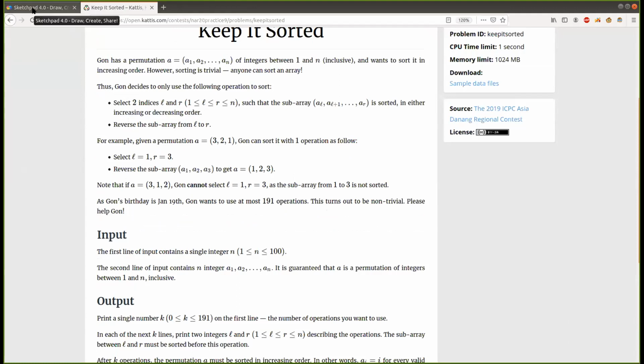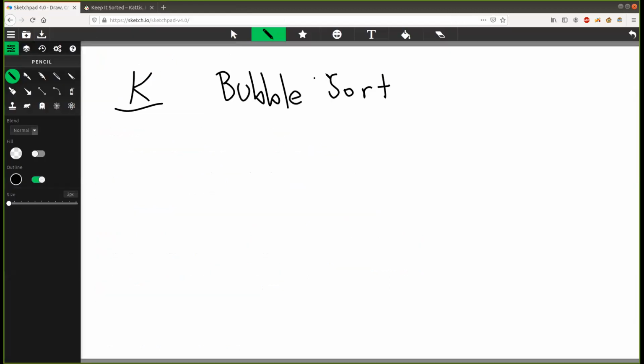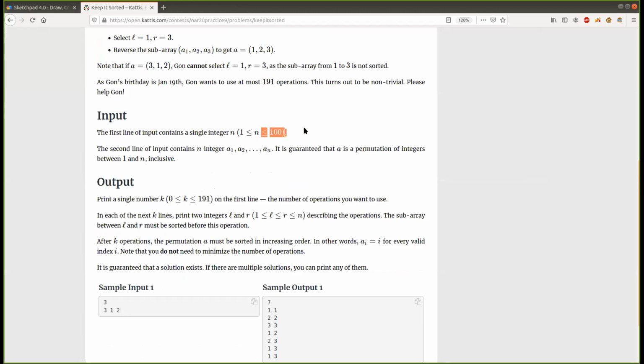So 2 adjacent values will be one of the 2, and you're allowed to swap. But the problem is that we're given a limited number of operations, and bubble sort would take at most O of n squared. Here we're allowed at most 191, and n is at most 100.